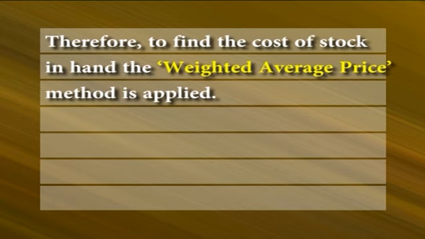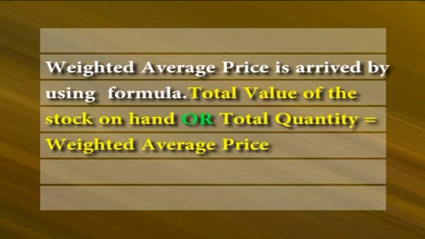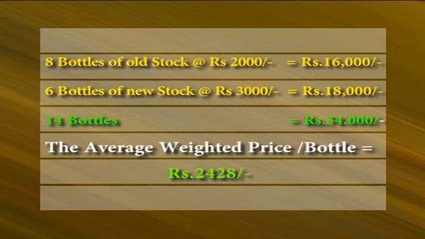Therefore, to find the cost of stock in hand, the weighted average price method is applied. Weighted average price is arrived at by using the following formula: total value of the stock on hand divided by total quantity equals weighted average price.